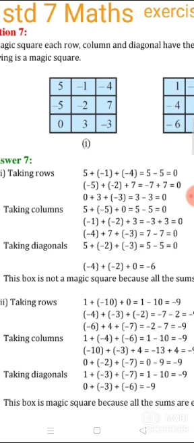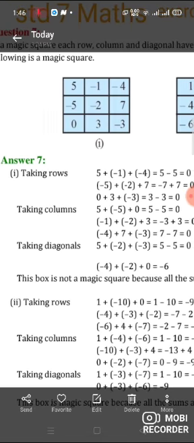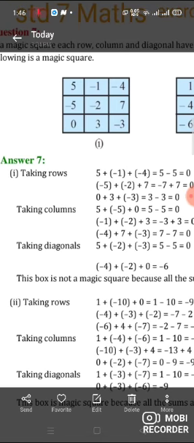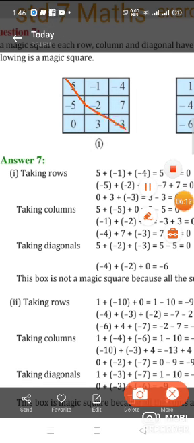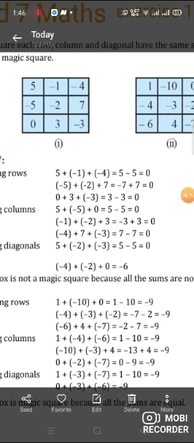Now we are doing the addition of the diagonals. First of all, we are doing the addition of this diagonal: 5 plus (negative 2) plus (negative 3).